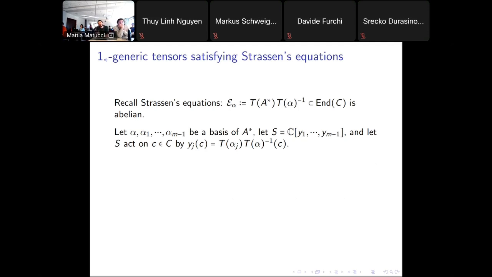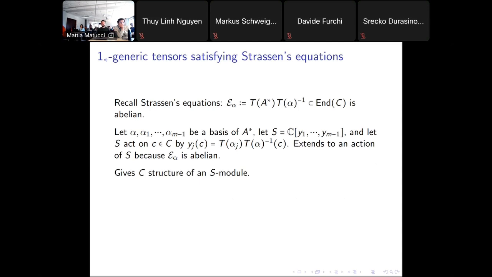And since y_i y_j c equals y_j y_i c, because Strassen's equations are satisfied, I can upgrade that to an arbitrary polynomial acting on the vector space C. That is to say, our vector space C is now a module for the ring of polynomials acting on it.